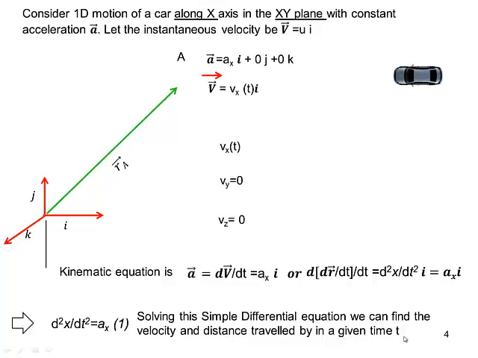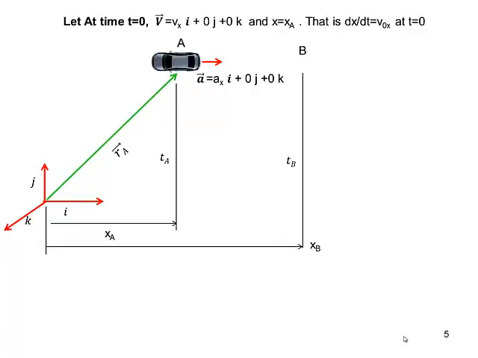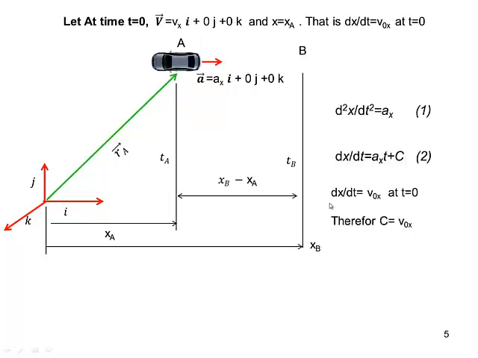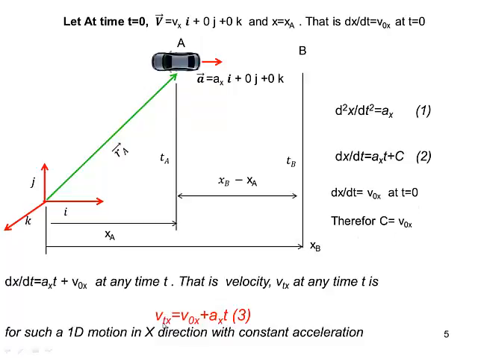The kinematic equation d squared x by dt squared equals ax can be integrated using initial condition dx by dt equals u at t equals 0, which is the initial velocity. We get equation 3, which is the velocity at any time t for this object moving with constant acceleration.